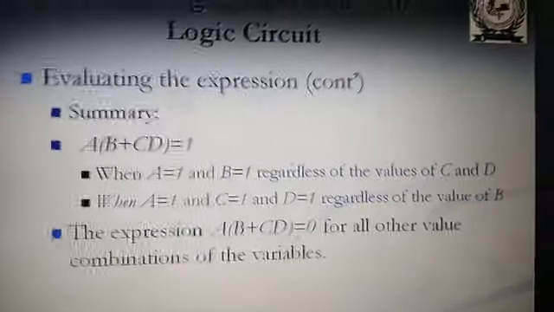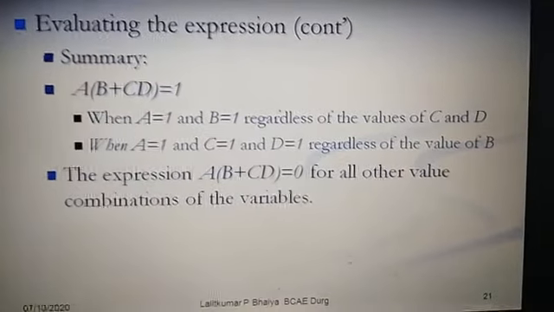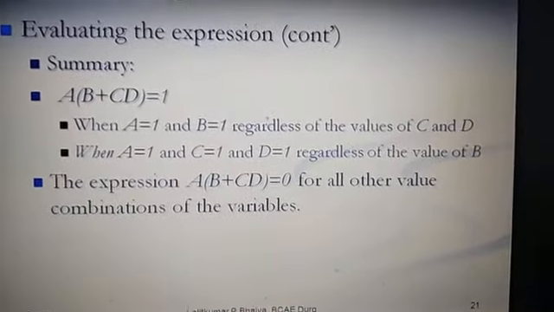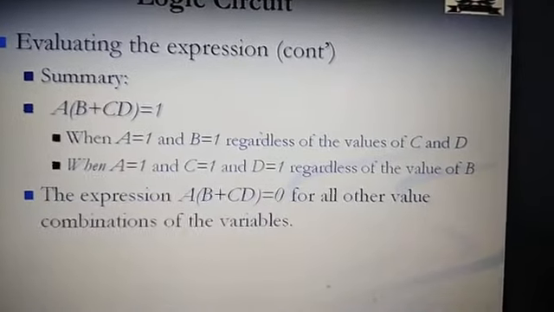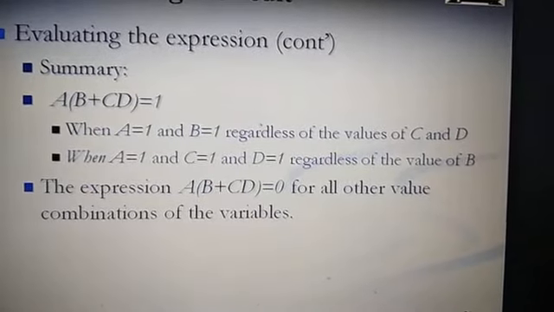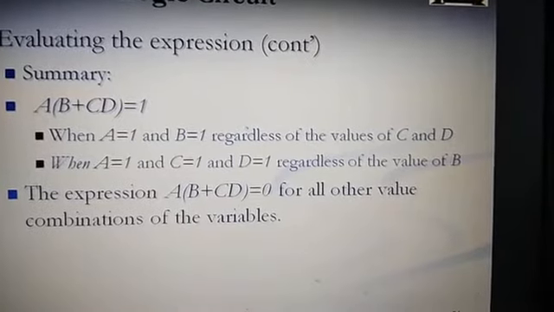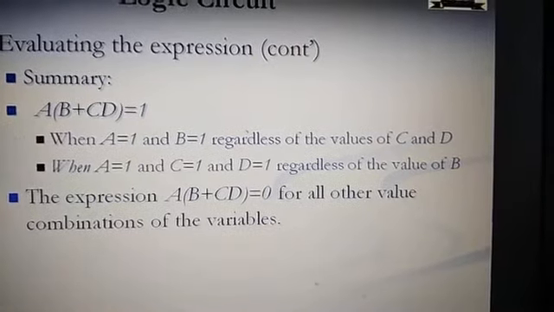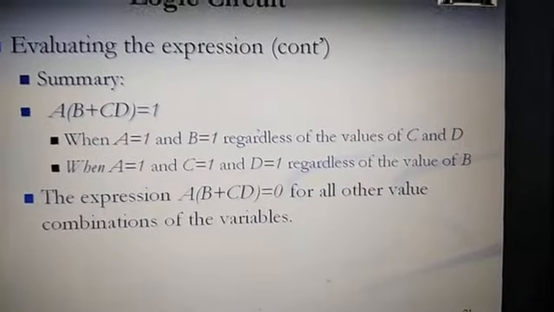So this can be put on the truth table. You can prepare the truth table once you get this Boolean expression and its evaluation. So we have seen till now, A into bracket B plus CD is equal to 1 only when A is equal to 1 and B is equal to 1, regardless of the value of C and D. CD may be 0.